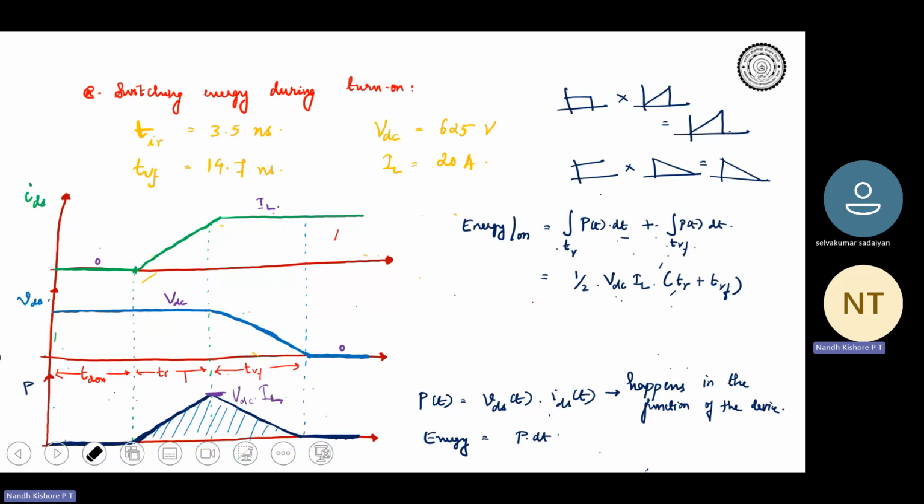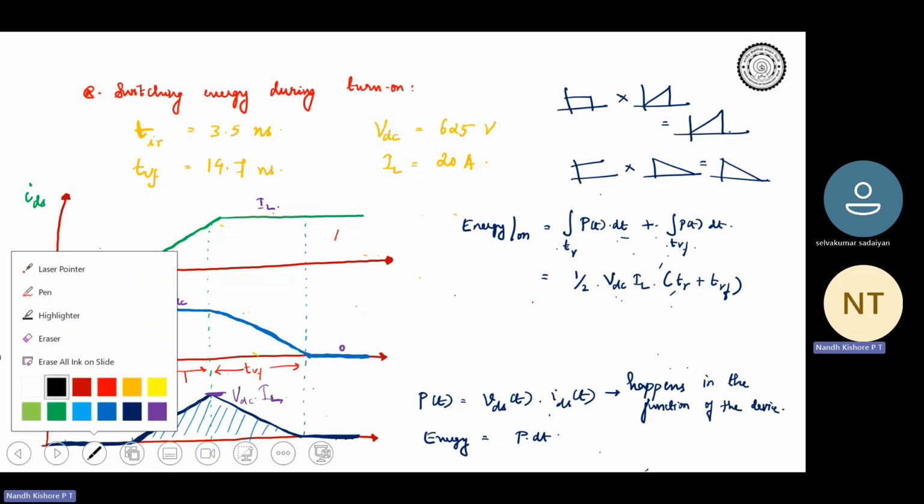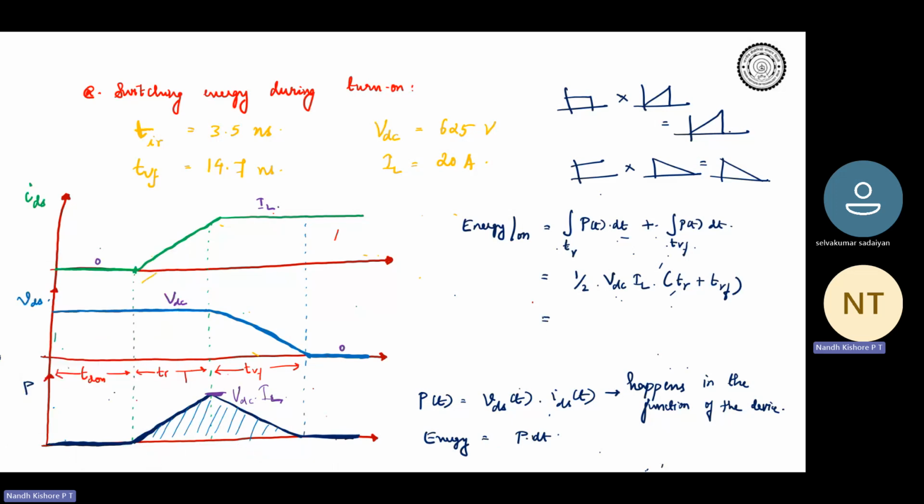Now that we know the values, we will substitute and find out.